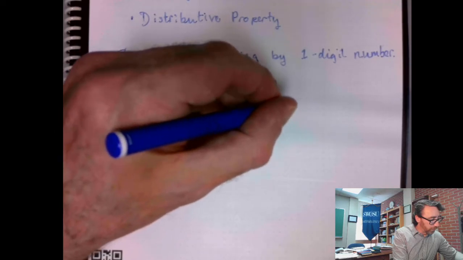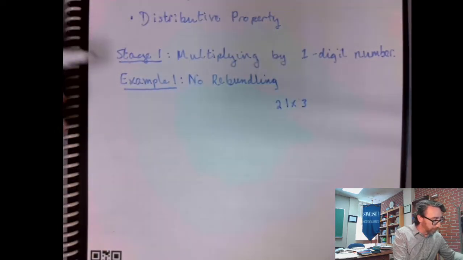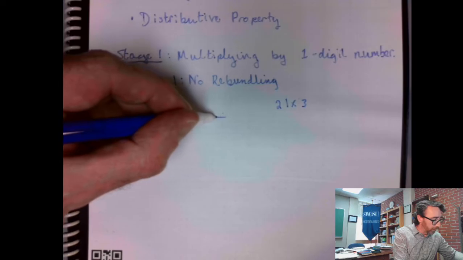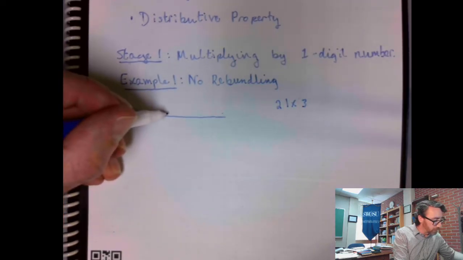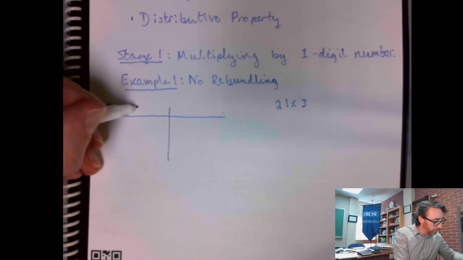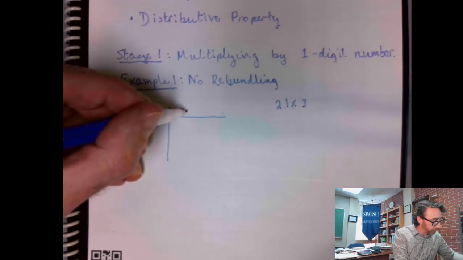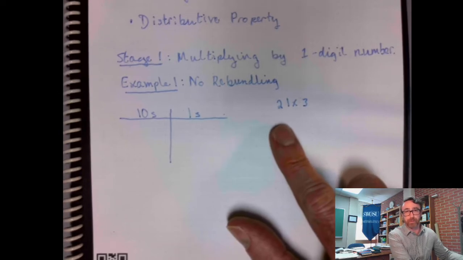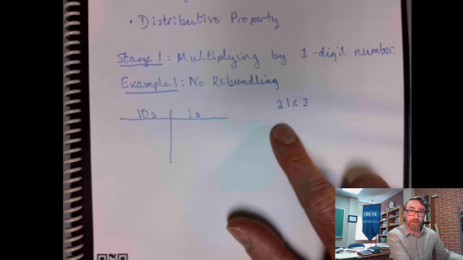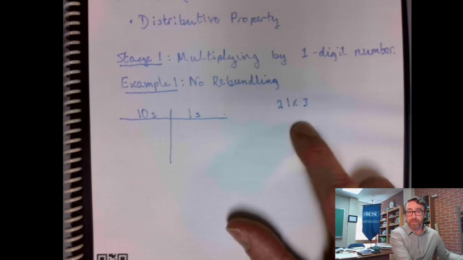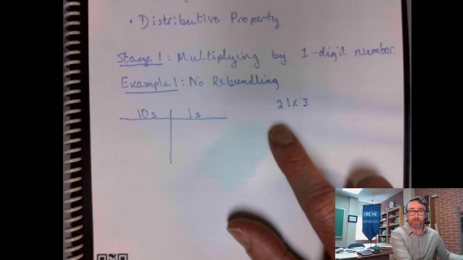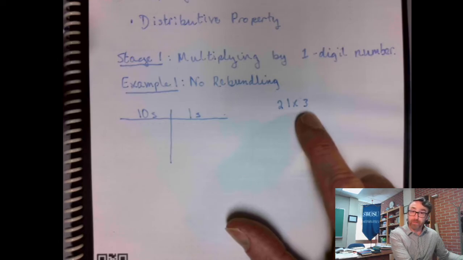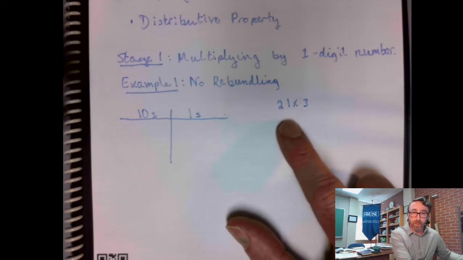Let's do 21 times 3. As with the other algorithms, we can start by illustrating things with the chip model. Let's think all the way back to the definition of multiplication as repeated addition. So let's consider this 3 groups of 21.